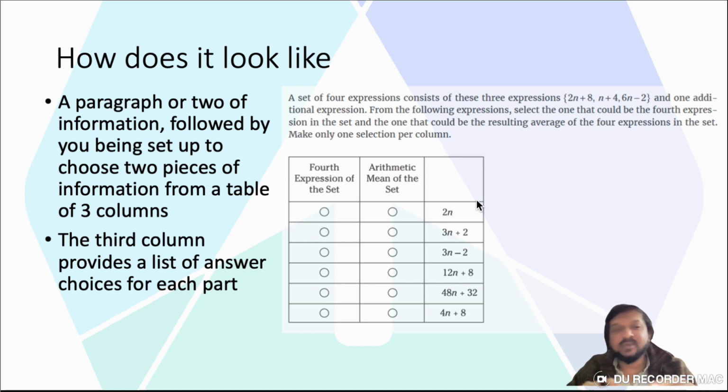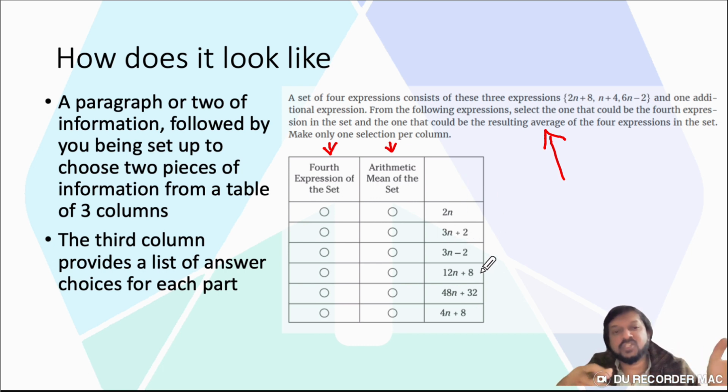But here, as you can see, there is some information. So this is the paragraph of information. And along with the paragraph of information, this is actually a question and this is actually a question. These are answers to the question.